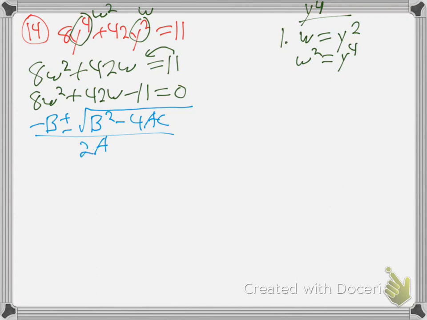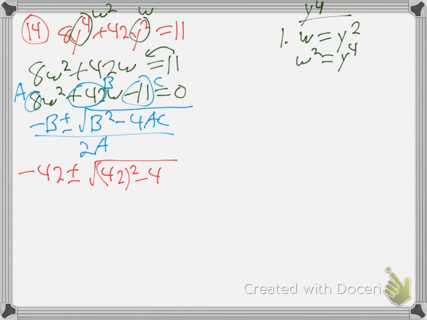What's a, b, and c? 8 is a, 42 is b, negative 11 is c. So we get negative 42 plus or minus the square root of 42 squared minus 4 times a times c, all over 2 times 8.